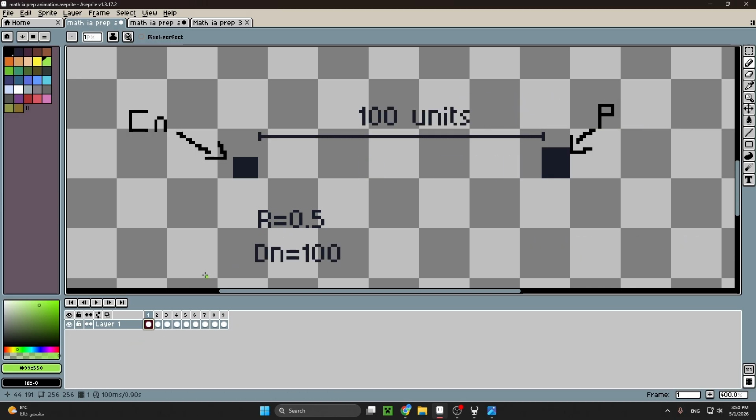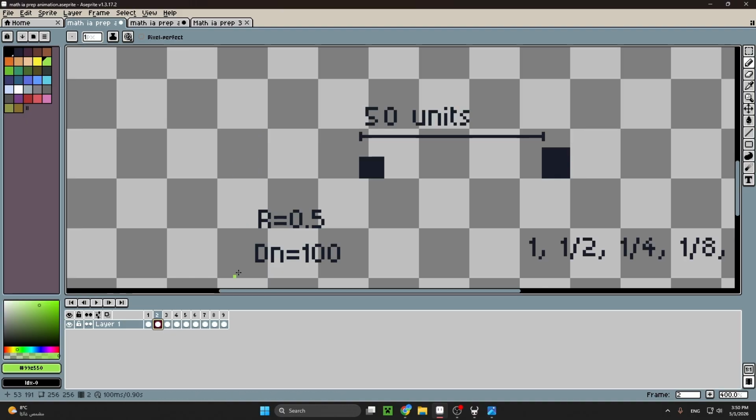So how does this actually work? Well, let's say that this distance from the player to the camera is 100 units, right? Using this formula, we can basically describe what happens here. The first distance is 100, but then it moves half the distance, right? And now it's 50. It moves half the distance again.